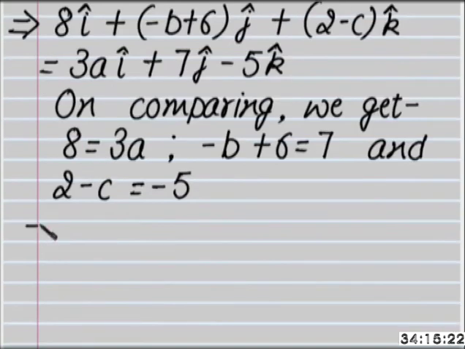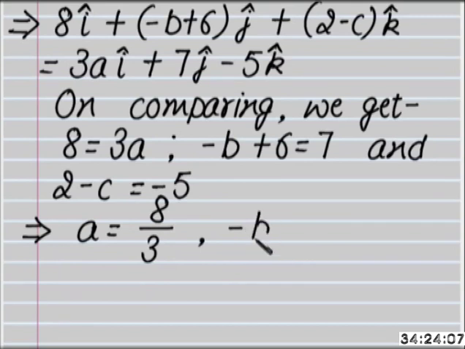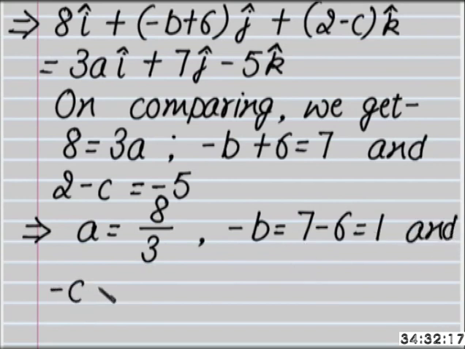So this implies a is equal to 8 upon 3, minus b is equal to 7 minus 6, that is equal to 1, and minus c is equal to minus 5 minus 2, that is equal to minus 7.